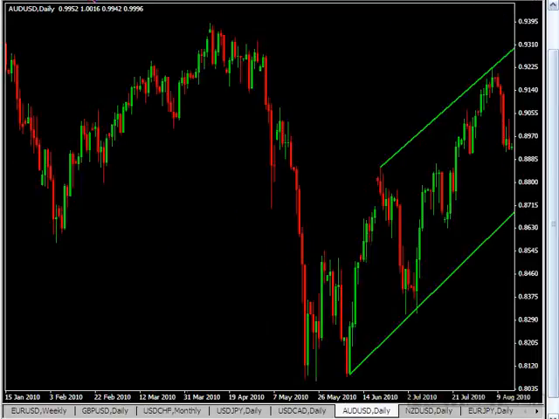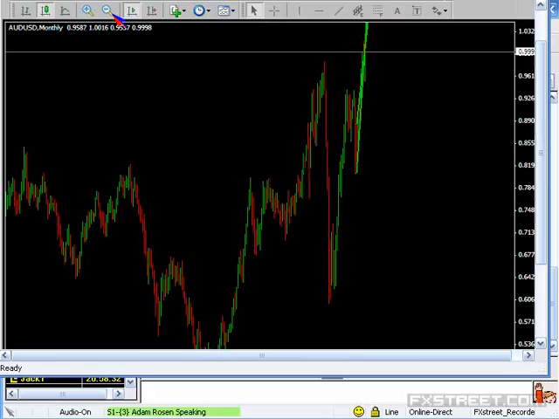Let's zoom in now on the Aussie dollar. And by the way, just for a moment, please be aware that the Aussie dollar very recently, just in the past month or so, hit levels a little bit above parity. By the way, we're at 99.98 right now. That's 2 pips below parity.